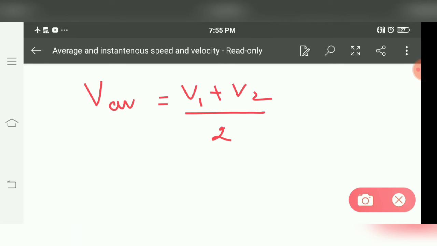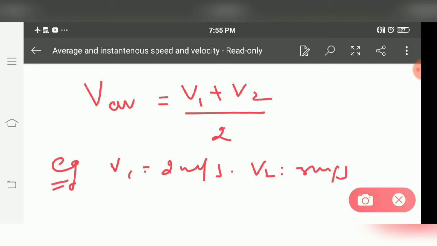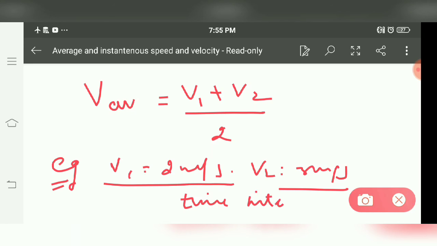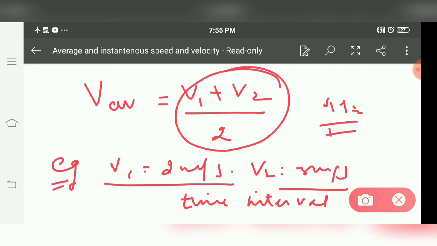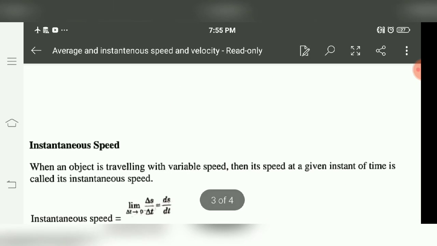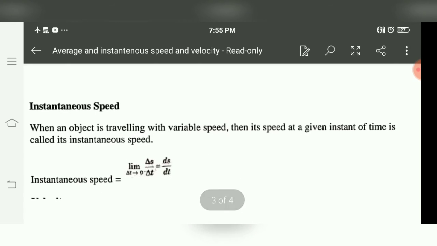So if a question says a particle is moving with velocity v1 say 2 meters per second and v2 of 3 meters per second, covering two distances in the same time interval, then we directly use this formula, substituting v1 and v2 and dividing by 2. So this is all about average speed and velocity.